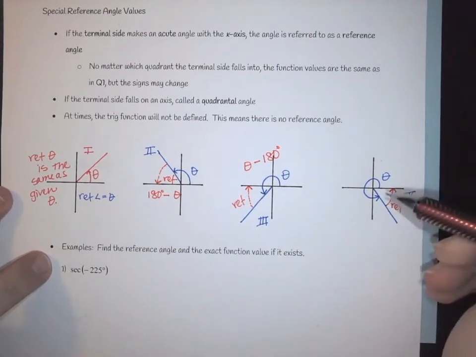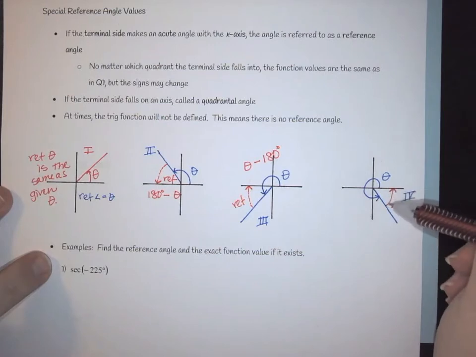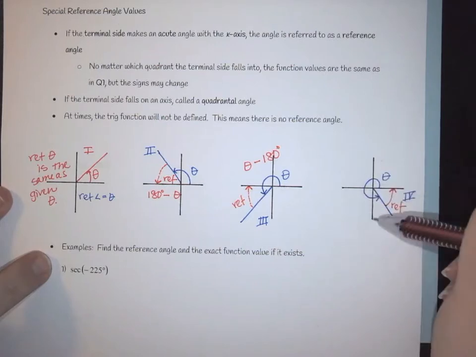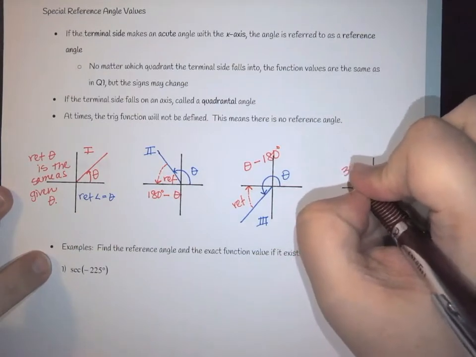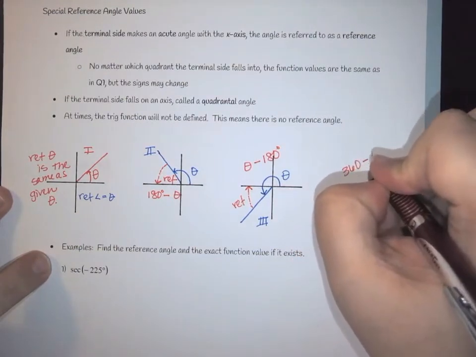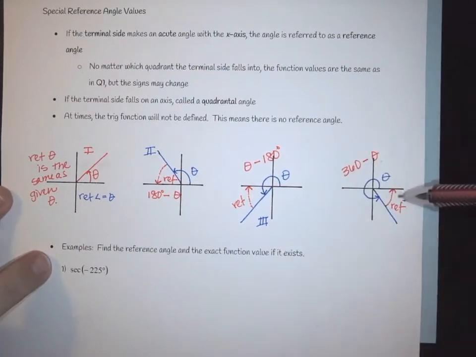So in this case, because we only want this little piece, we would have to use the entire rotation minus what was given. So here we would use 360 minus the given angle to give you the little piece that was left.